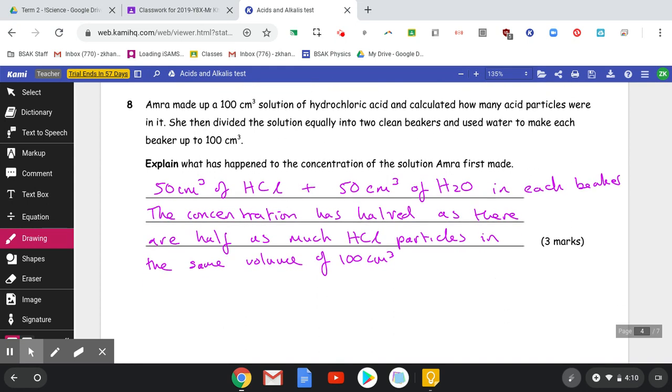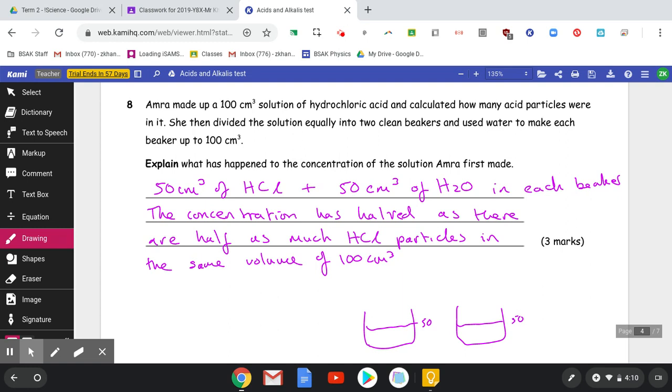Question 8. You have got a student that has 100 centimeters cubed of hydrochloric acid. They split the 100 centimeters cubed into 2 beakers and they fill up equally into 2 beakers.